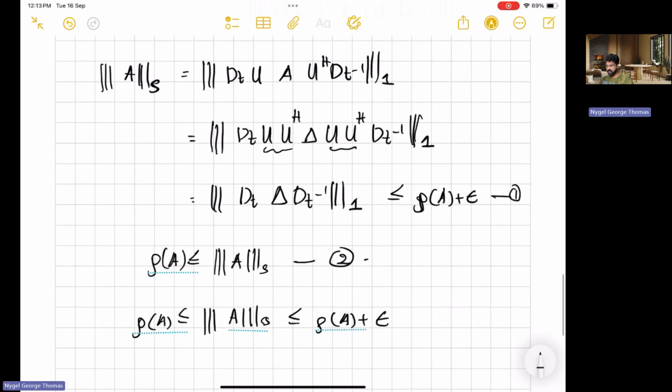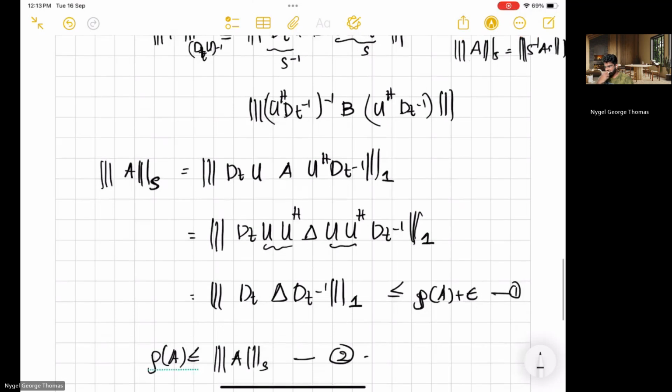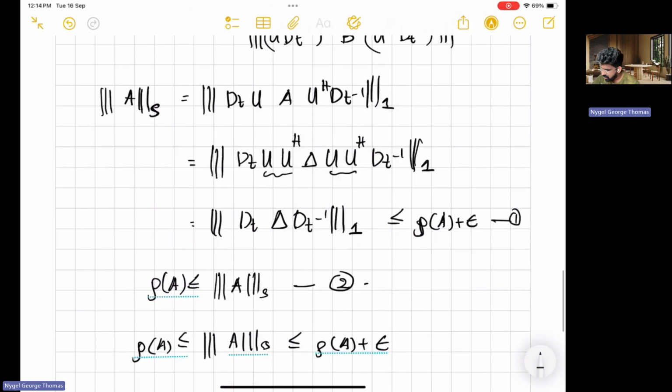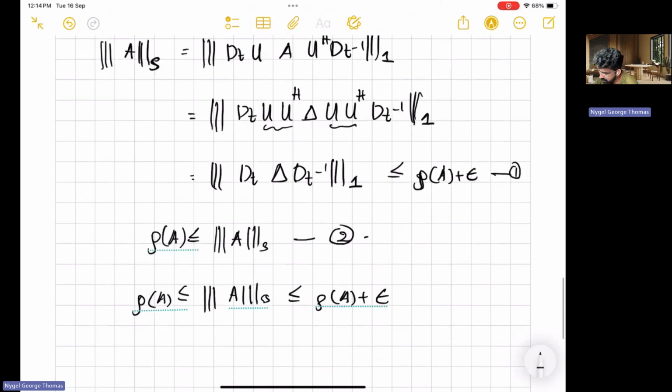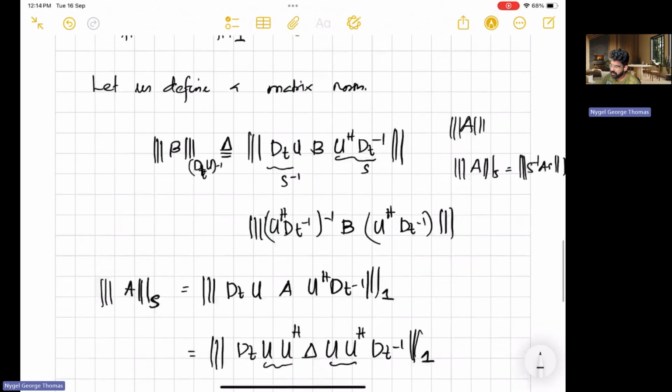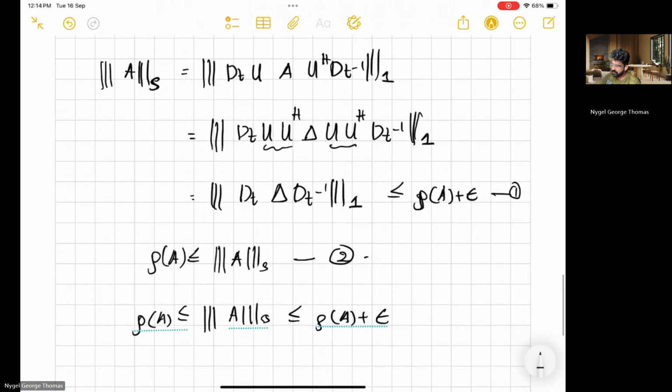There are a few things. What if we were taking another norm? Is it valid for any other norm? Yes, it is in fact valid, but how we prove this, I'm not really sure. For this construction, we have taken the maximum column sum norm. What if we have some other norm?